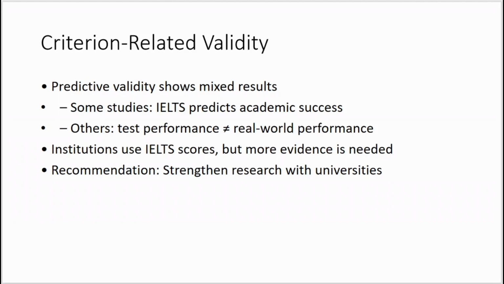Some research shows a positive link, with higher IELTS scores performing better academically. Supporters argue that IELTS has value because students with higher scores are generally able to cope better with academic English demands such as lectures, assessments and discussions.